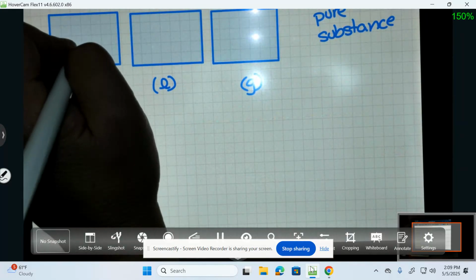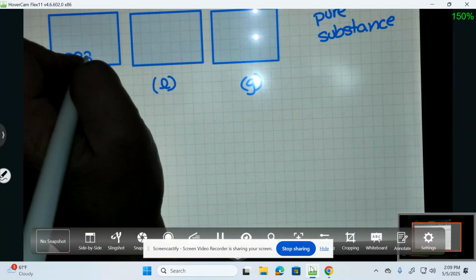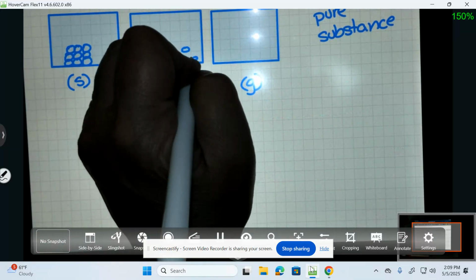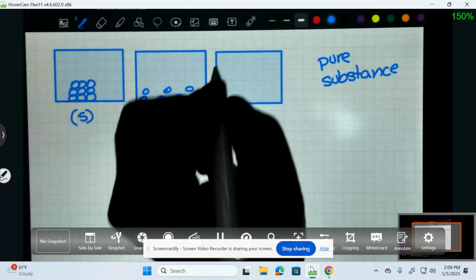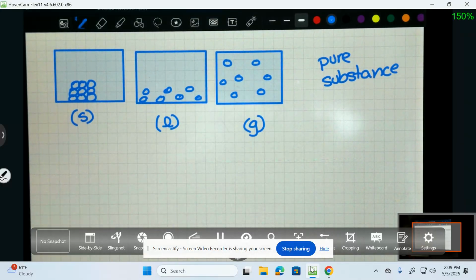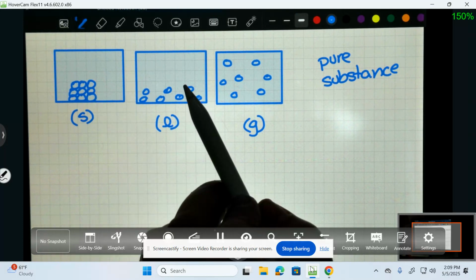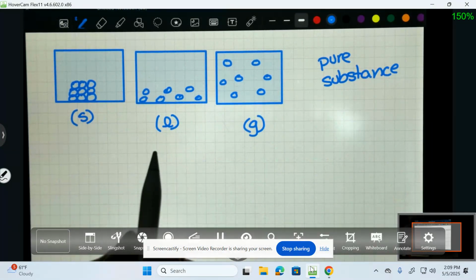They're going to have only one thing in the box. Every time I reach my hand in there, I get exactly the same thing. Okay? So if I reach in, I'm getting one of these blue circles. Here I'm getting a blue circle. Here I'm getting a blue circle. They're all pure substances.